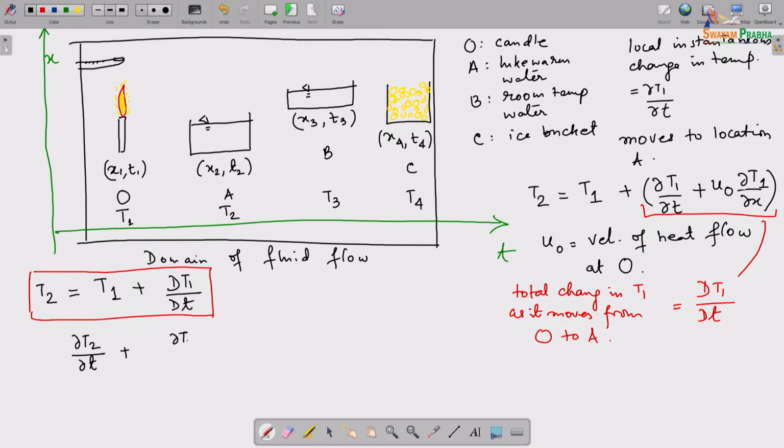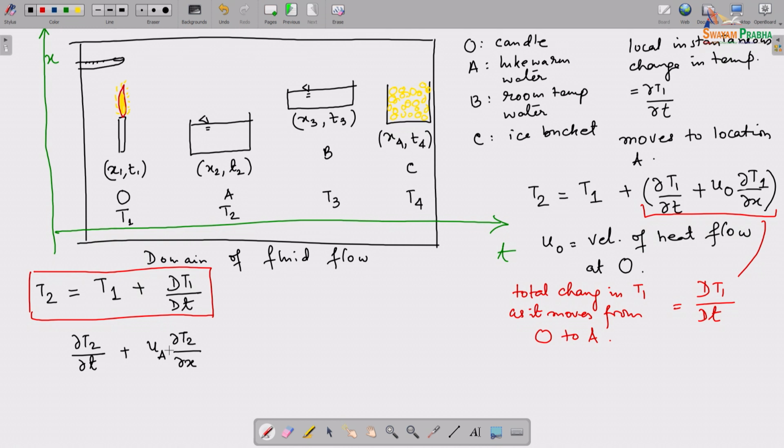It is delta T2 delta X, and let us just say the velocity of heat flow is UA. Is that right? Okay. So that is the total change now.